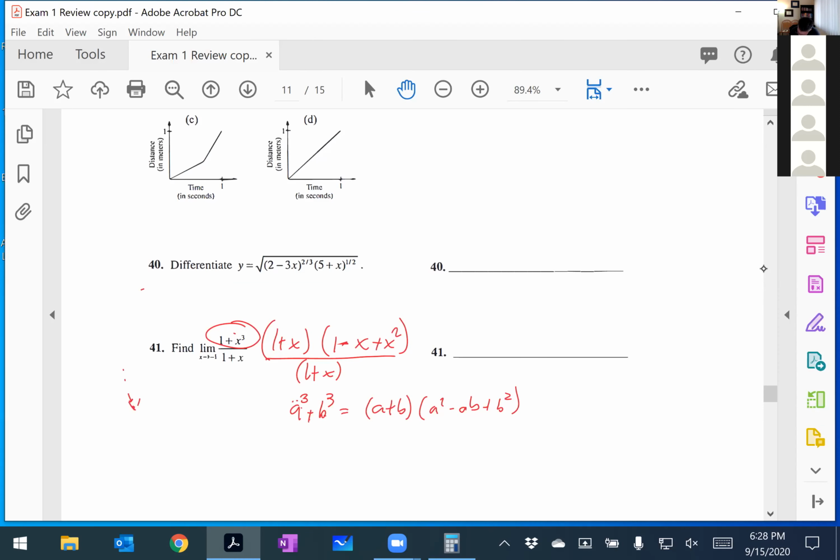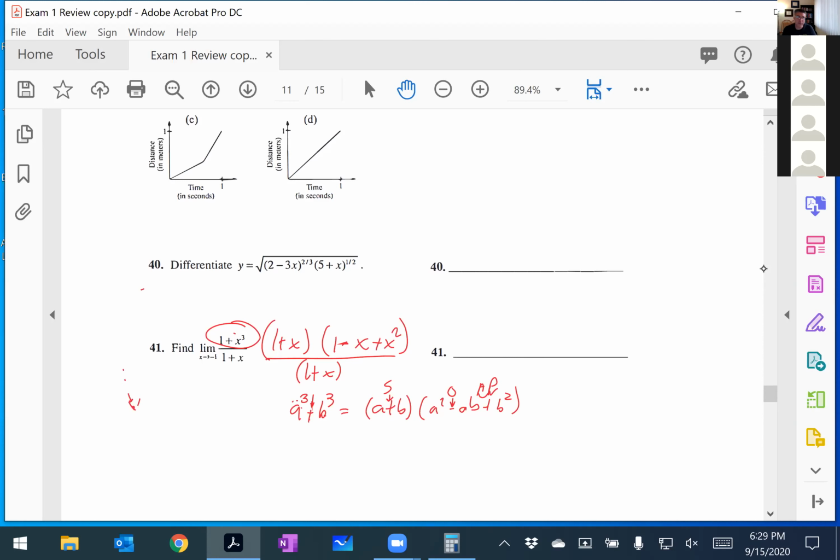We use an acronym called SOAP, S-O-A-P. The first factor has the same sign, the second has the opposite sign, and the last term is always positive. That goes along with the plus sign there: a plus b, then the opposite sign, a minus sign, and then always positive.